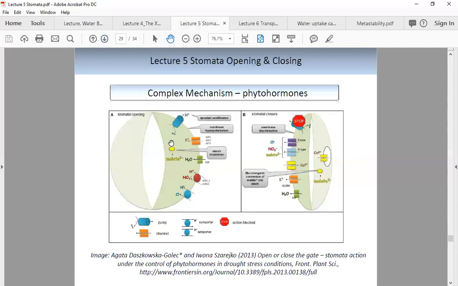But the most important point to note here is that the solute concentration increases, which decreases the guard cell water potential. So if we decrease the cell water potential, this results in inward movement of water.